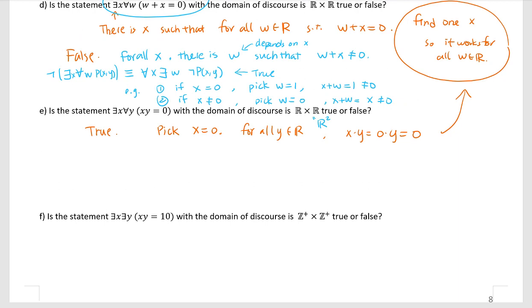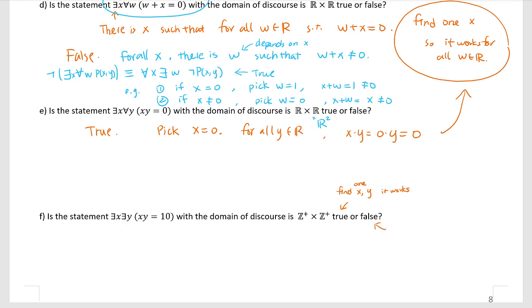Alright, let's continue. Part F is the statement: there is an x, there is a y, x times y equals 10, with the domain being Z plus. True or false? Okay, in order to show it's true, we just need to find one x and one y, so it works.